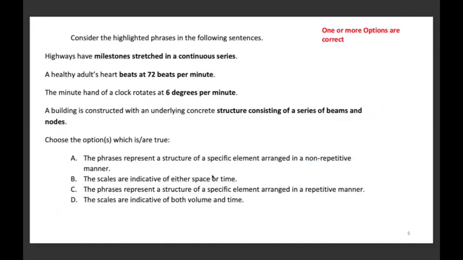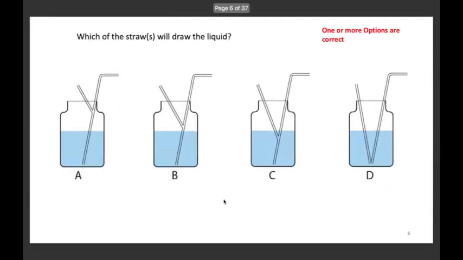Okay. Next one. We are given here 4 different straw arrangements. We have to identify which of the straws will draw the liquid. Now, in this case, in order for the straw to draw the liquid, what the change that is happening is in the junction nodes that are there. In A and B, the junction node is not dipped in liquid, versus in C and D, it goes inside the liquid.